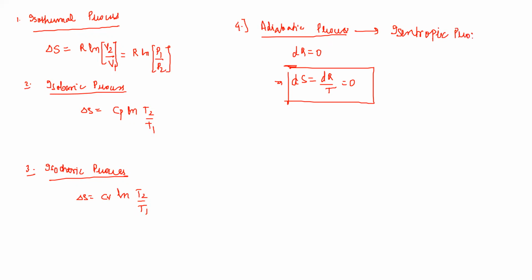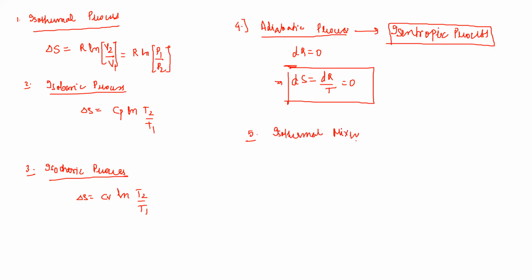It is termed as an isentropic process because when a reversible adiabatic process takes place, dq is equal to 0, and therefore even dS would become equal to 0. Okay. And finally, we have the fifth one, which is isothermal mixing.